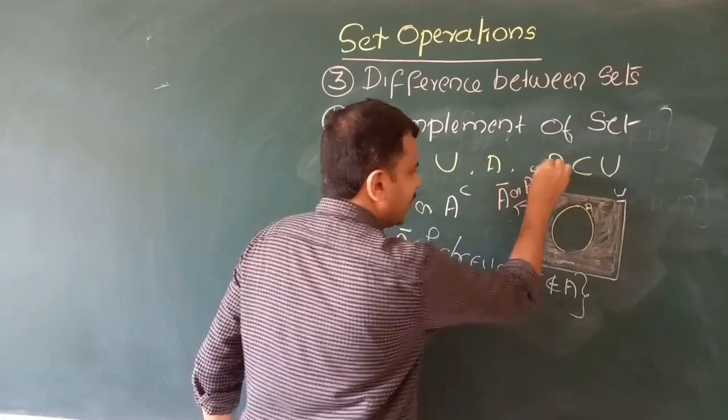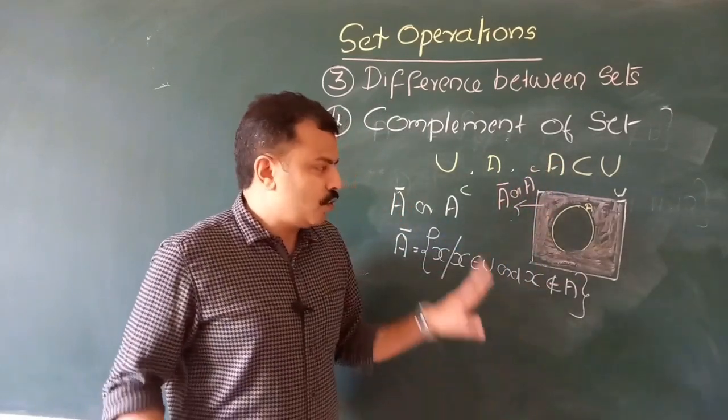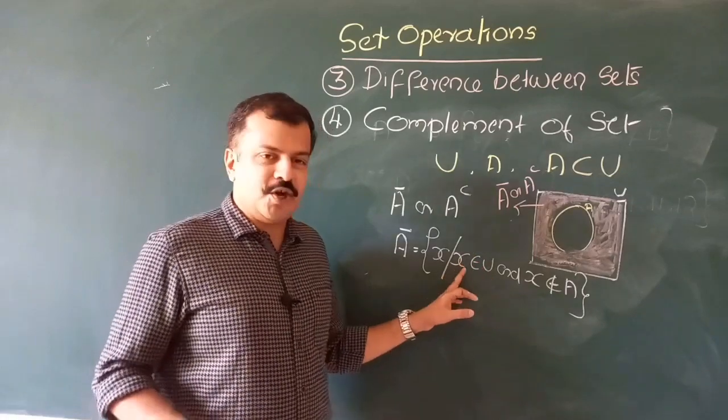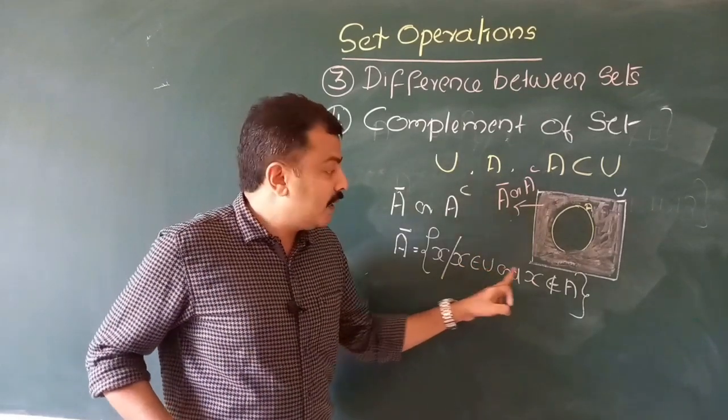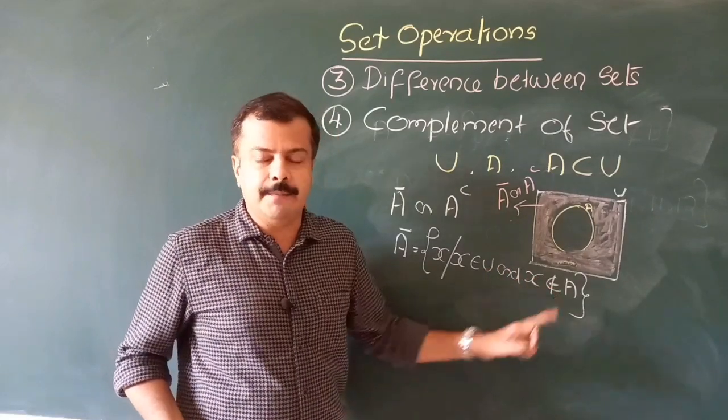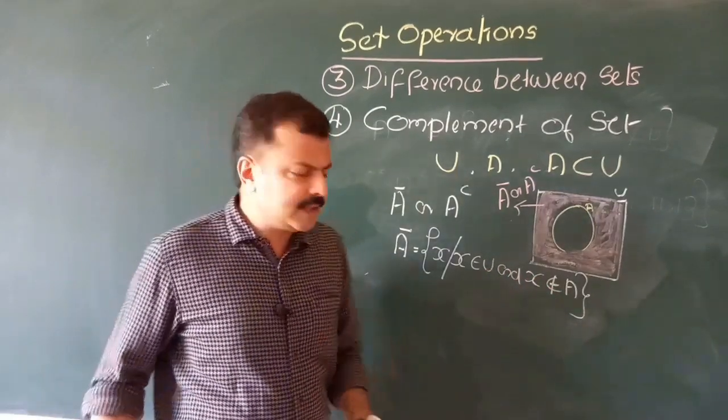It can be written as either A dash or A raised to C. So A complement consists of all those elements that belong to the universal set but do not belong to the set A.